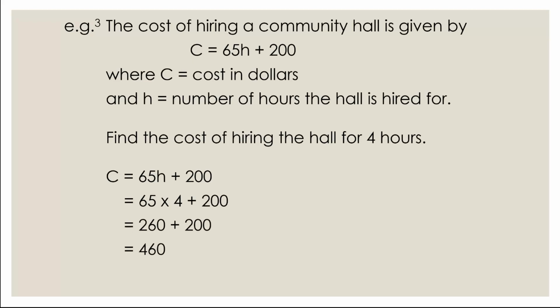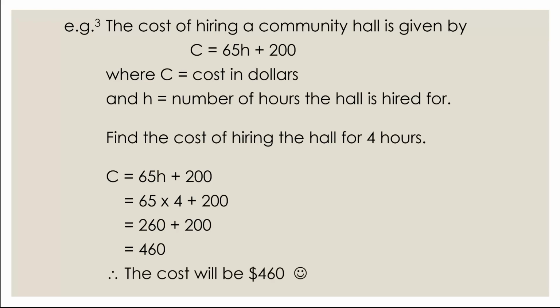And we might think that we're finished, but we're not quite. Read the question carefully. It says find the cost of hiring the hall. We need a cost, we need a monetary value. C does equal 460, but 460 is not a monetary value. Now the original question says C is the cost in dollars, so let's put it into dollars now.